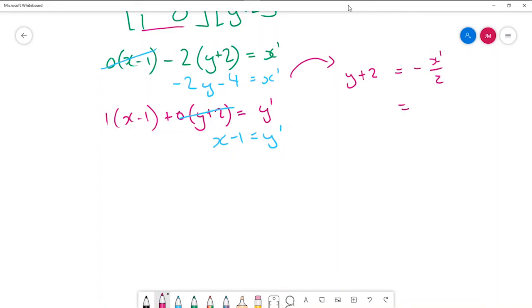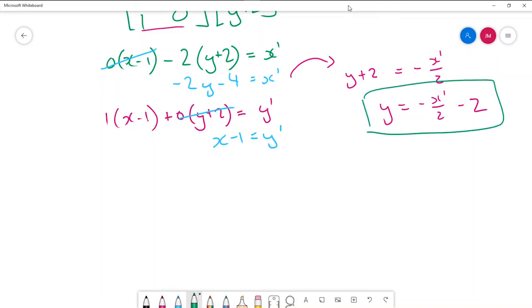And then we can minus the 2 over. So I'd get negative x dash on 2 minus 2. So that's my new y value. And then my x value, I'm going to square that because we're going to sub that into the final equation at the end. And the x value would be x equals y dash plus 1. That was nice and easy at least.